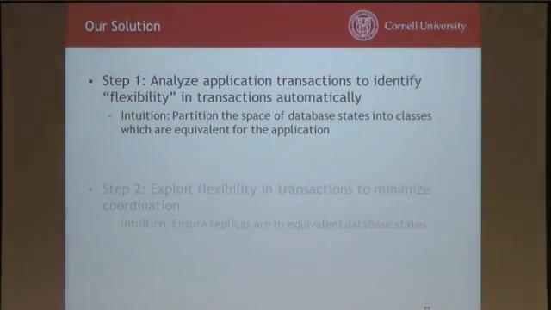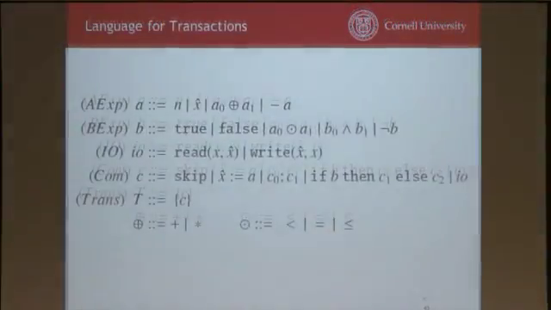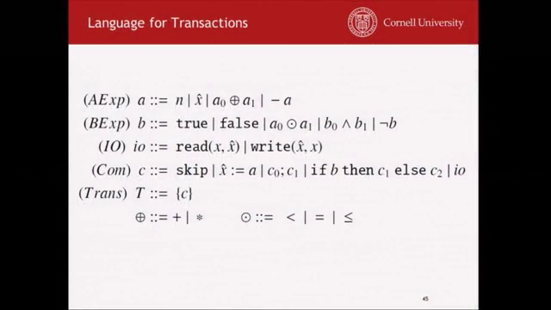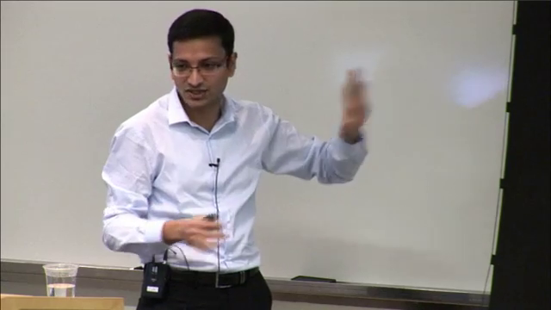With that, let me dive into how we do step 1, and I'll return to step 2 later. Doing this analysis in full generality is difficult, so we restrict the transactions to be expressed in a particular subset of the language. This is the language. I do not expect you to parse this. Let me just highlight a few key points.